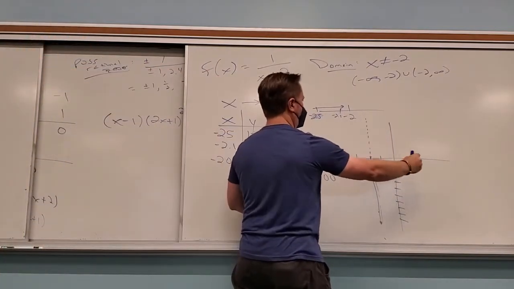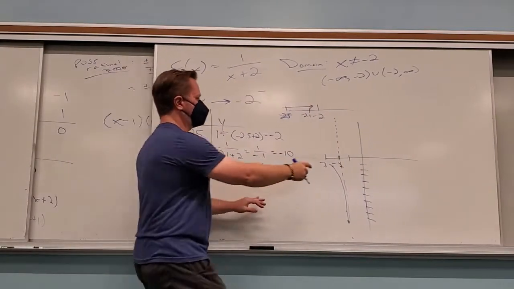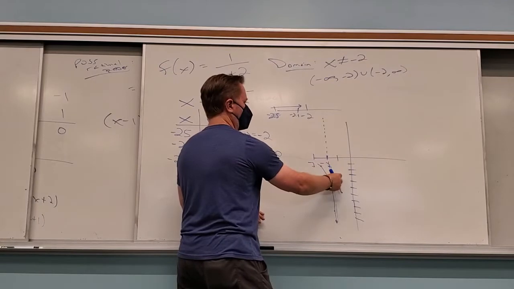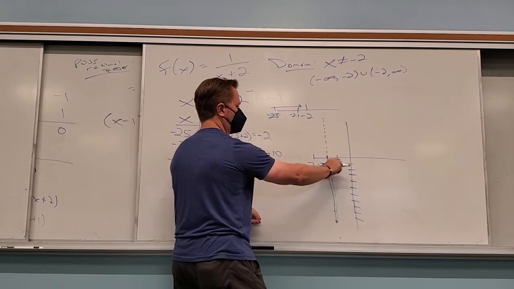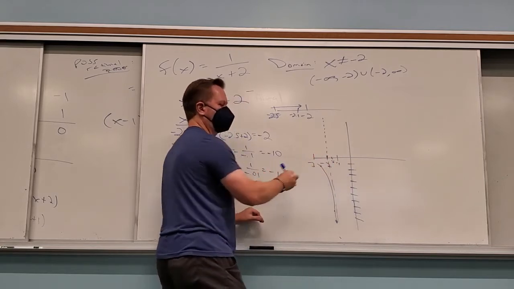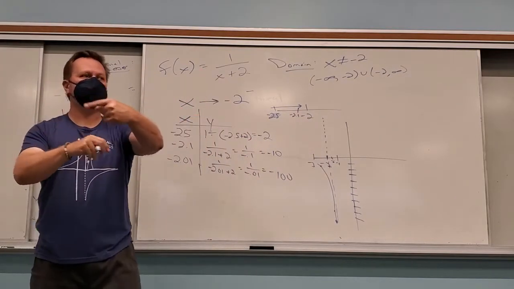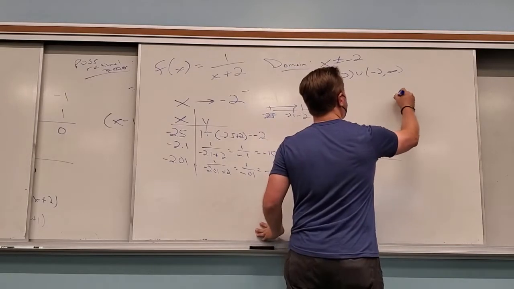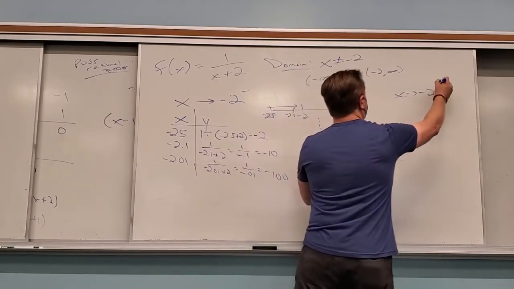So from the other side, it's probably going to do this. Let's find out. How do I investigate this side? What kind of numbers am I going to want to plug in to investigate this side of negative 2? Negative 1, negative 1.5. I'm going to want to get really close to negative 2 from that direction. So I want to look as x approaches negative 2 from the right.